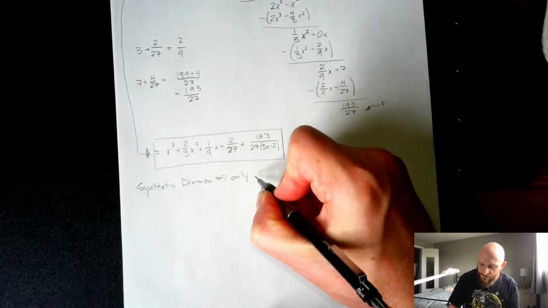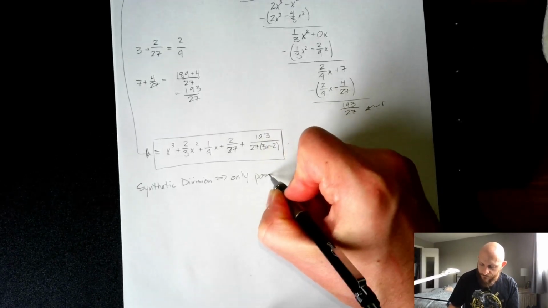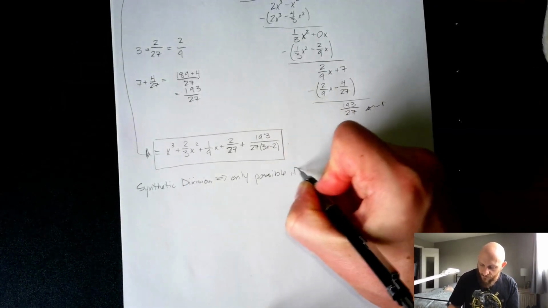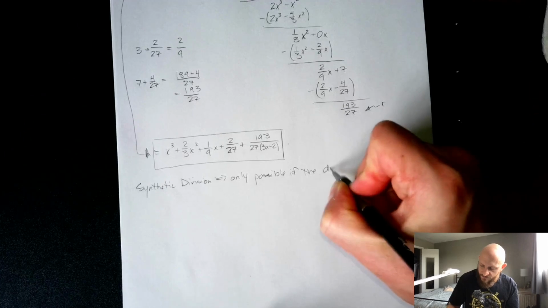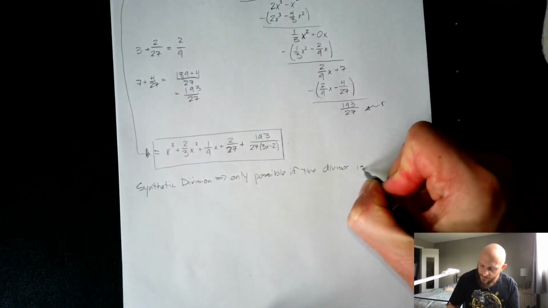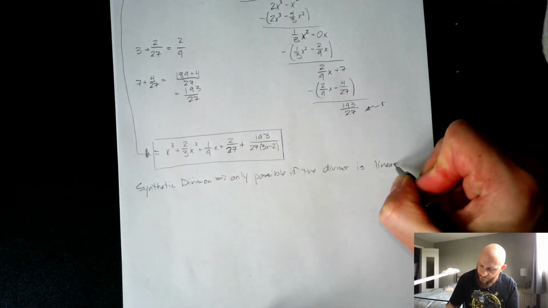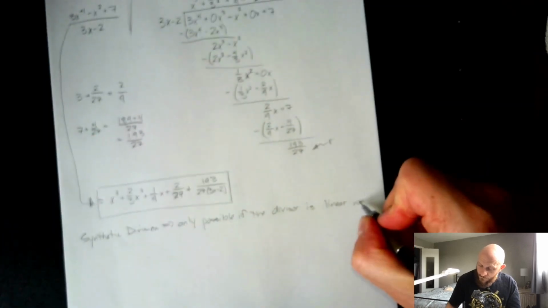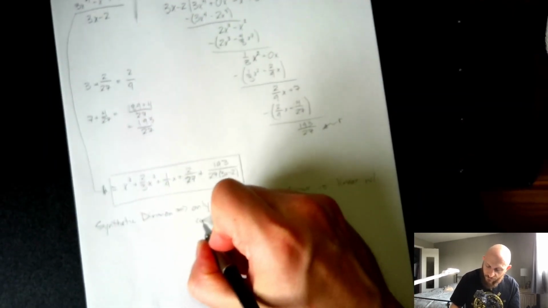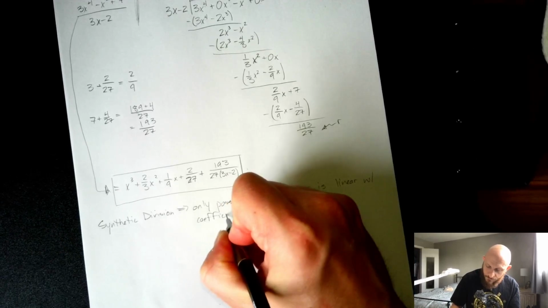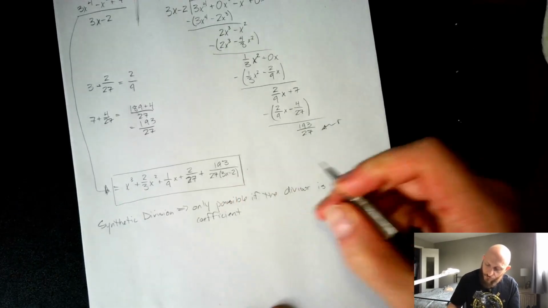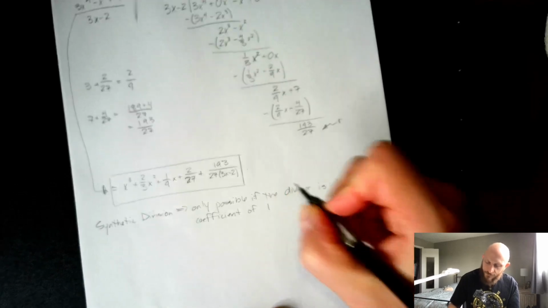You can only do synthetic division if the divisor is linear with a coefficient of 1. So not the constant term, but the coefficient of 1.